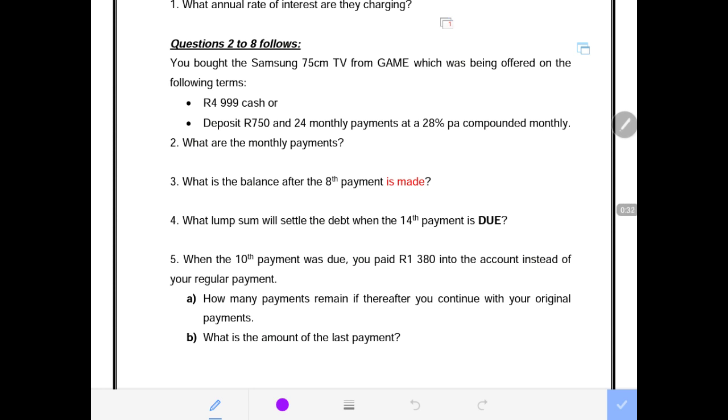And in this question, which is from question 2 to question number 8, which is 7 questions in total, I will be introducing you to a very lovely function in your calculator, which is called AMORT.